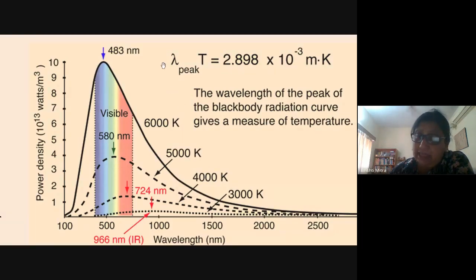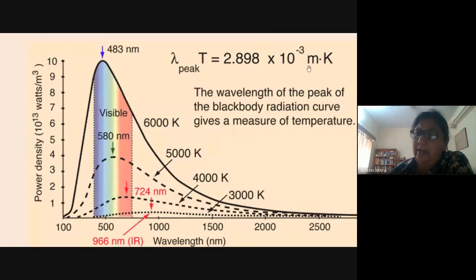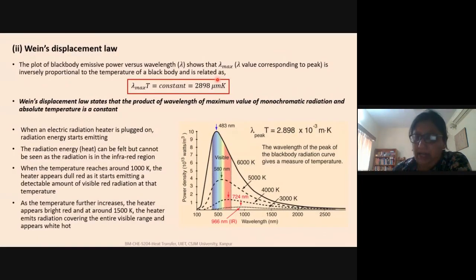And if I multiply the wavelength of the peak value by the temperature, this gives you a value of this many meters Kelvin. Or in terms of microns, I can write this as equal to 2898 microns Kelvin.